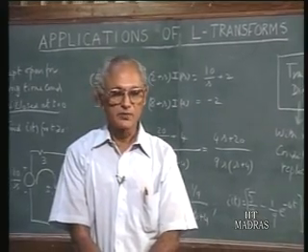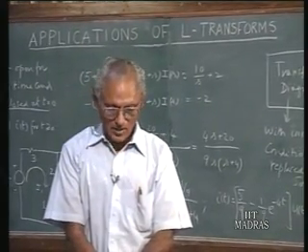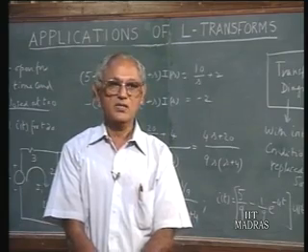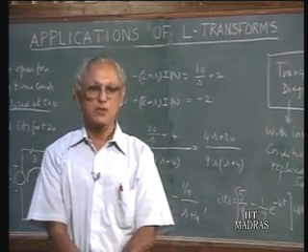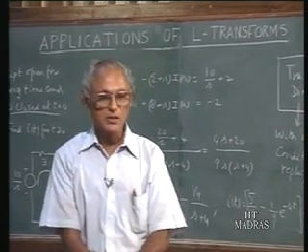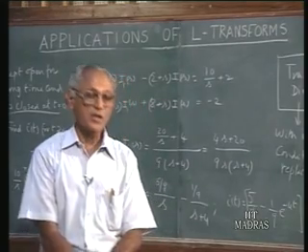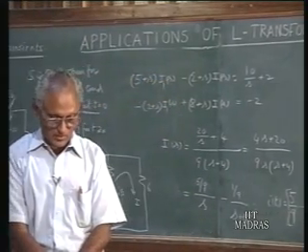Instead of writing down the Laplace transformed versions of the differential equation, which turn out to be algebraic equations, we try to find out a shortcut method of writing down the algebraic equations.